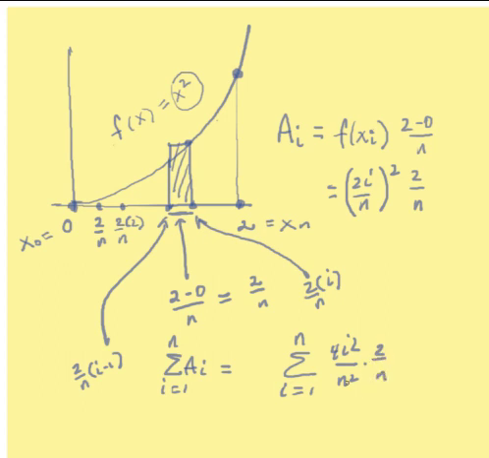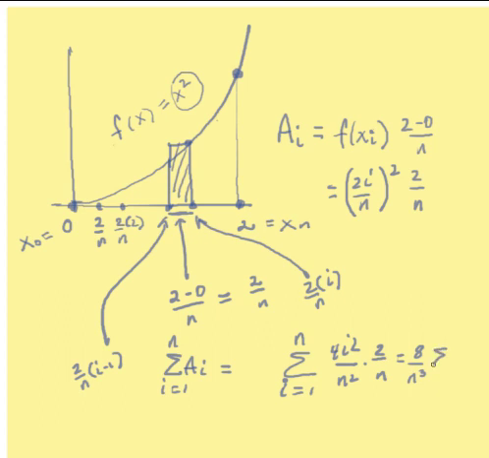Now, it's important to realize that the n's are not changing in this sum. In the sum, i is the one that's changing. It's going from 1 to n. So we can take 2 over n cubed and this 4 and put it out in front. So in front, we're going to have 4 times 2, which is 8 over n cubed.